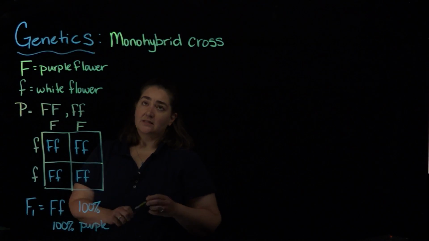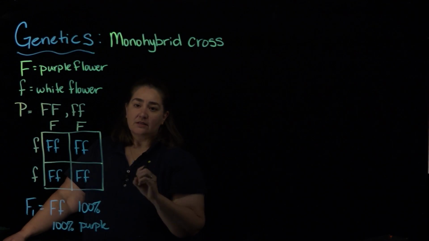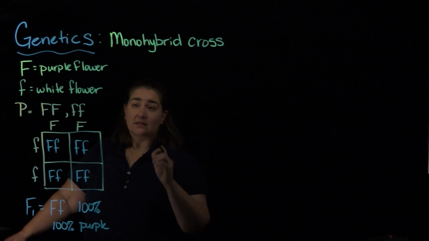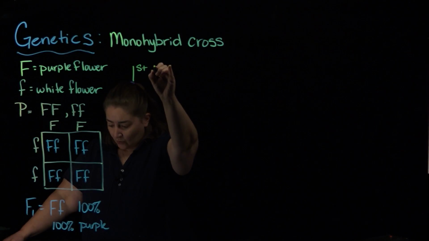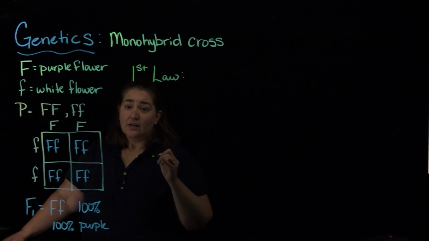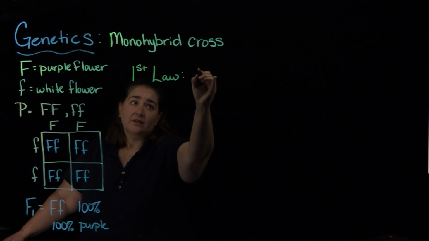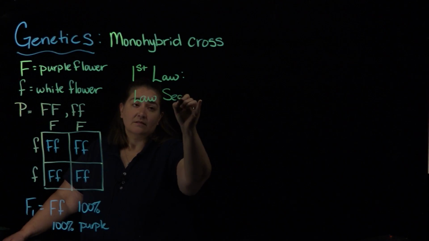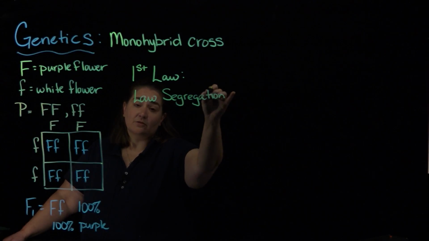And why this is important is because how we set up these Punnett Squares, this is essentially what Mendel was tracking with the traits with the peas, okay? And what that led him to was Mendel's first law, okay? And that first law is called the Law of Segregation, okay?